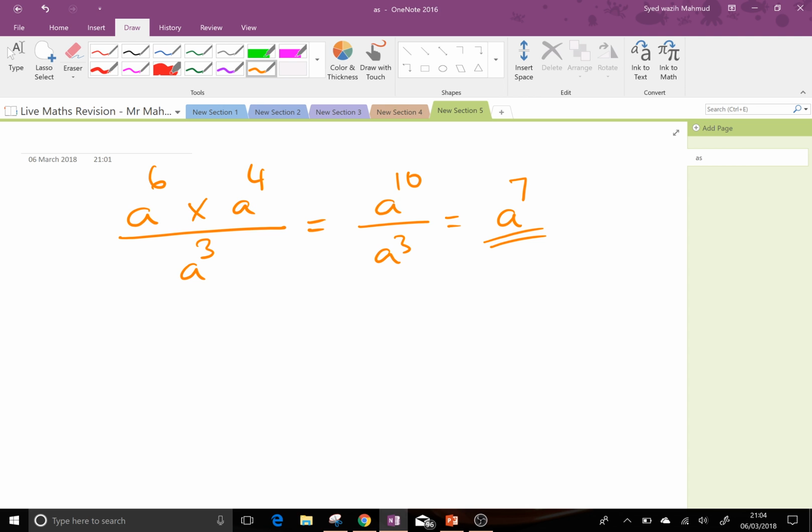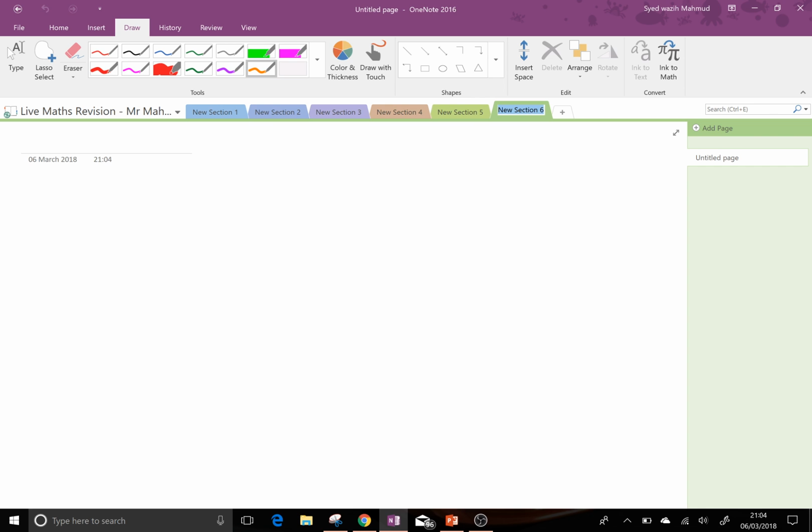Now, another thing that you might need to know for your exam is equation of straight lines. So how do we actually find the equation of straight lines? I'll just quickly recap and give you the formula.